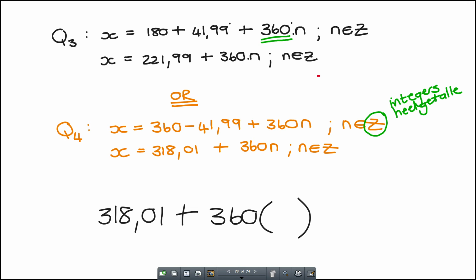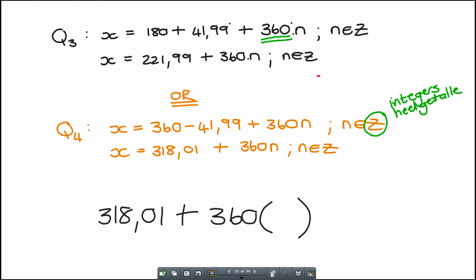Okay, kom ons stel in as hy 0 is. Let's substitute in 0. How much is it then? 318. Nee, lê dit in ons interval? Lê dit tussen minus 360 en positief 180? Nee. Okay, so hy gaan definitief nie werk nie.